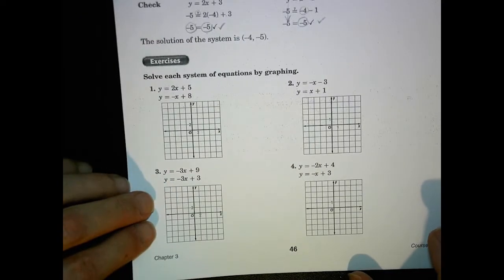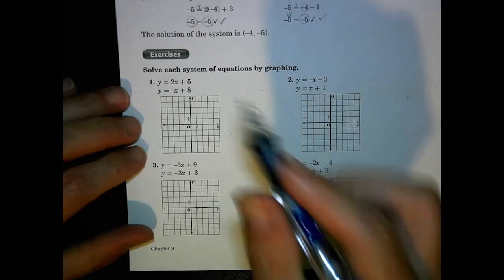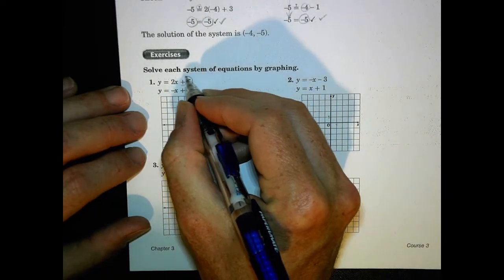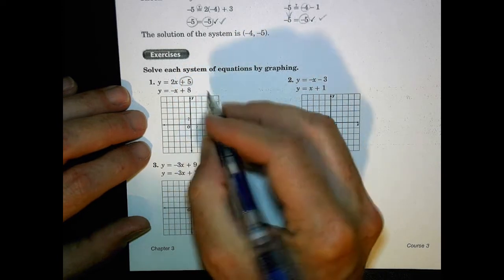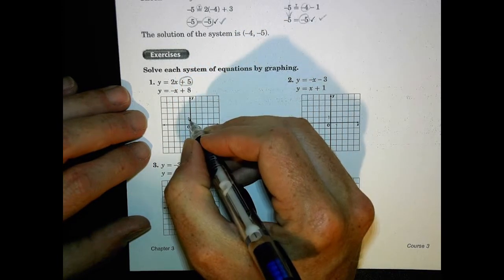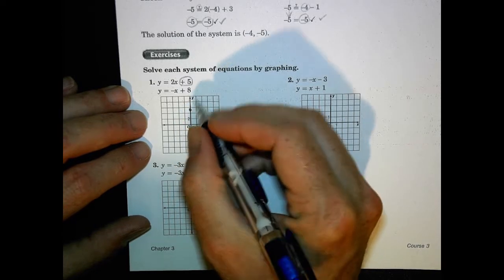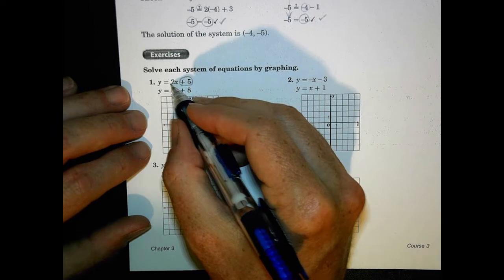Let's do another one here, okay? Because again, it just takes a little practice to see what they're talking about. So this first equation here, we have a y-intercept at +5, and notice we're counting by 2, so 2, 4, so 5 is going to be right here, and our slope is 2 over 1.